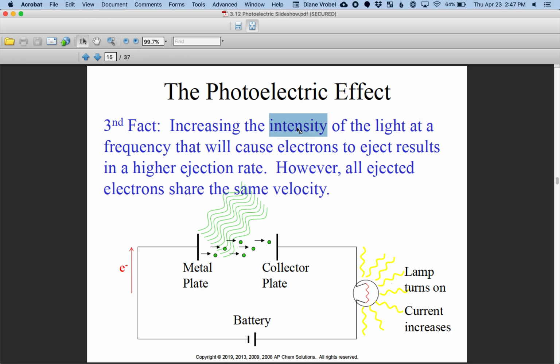And they saw that these electrons all had the same velocity. So the light would go on. The actual current, so the amount of electrons that they saw, increased, but all these electrons had the same velocity.